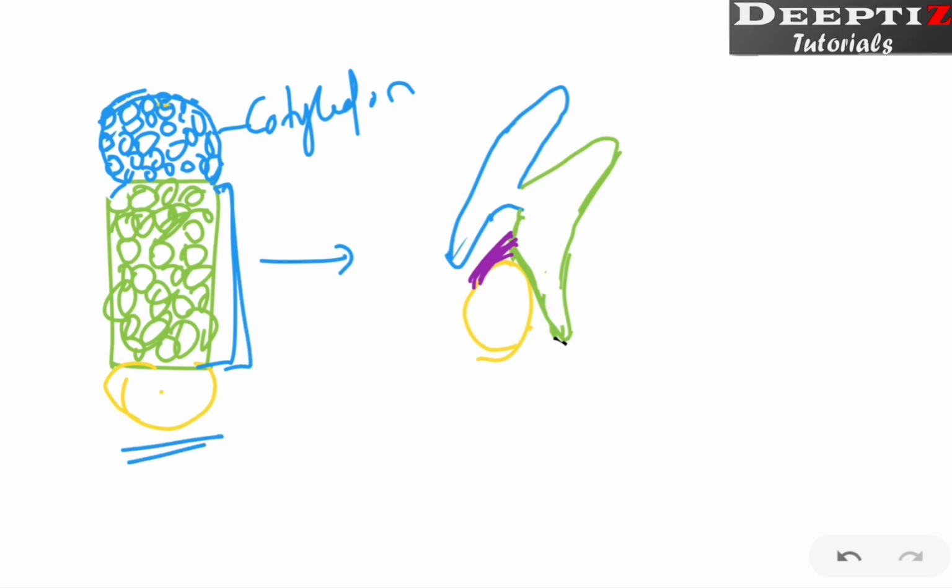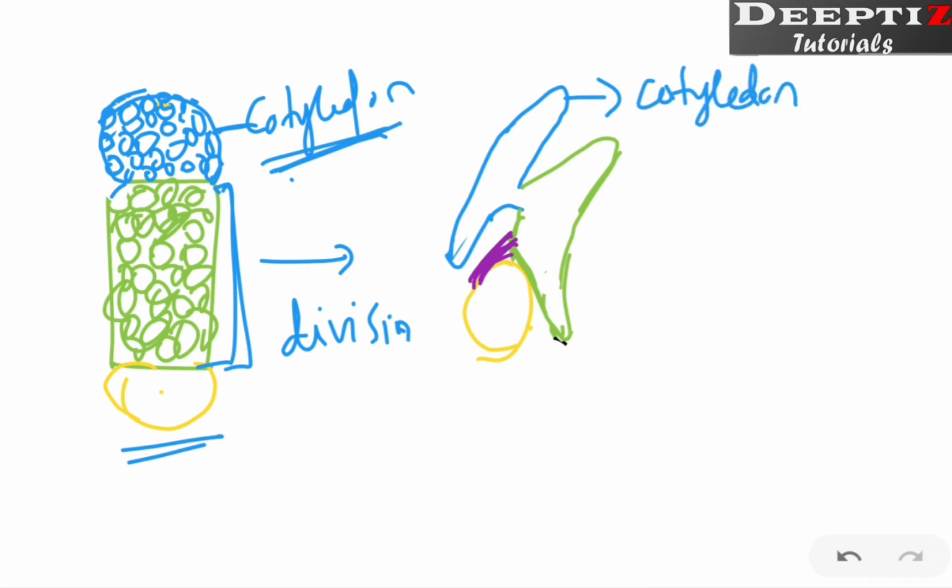After a particular time, after successive division, you have to locate based on the color, right? That portion which is supposed to be cotyledon in future is going to become the cotyledon. So this is almost the structure of the monocot embryo, which consists of a cotyledon.